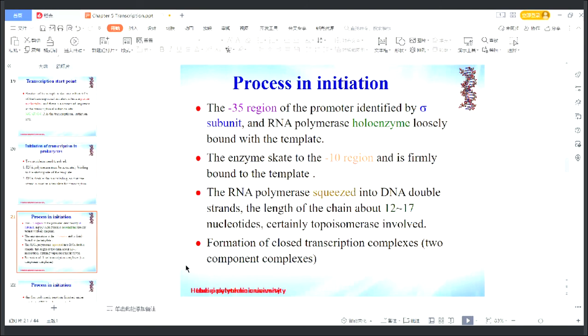At that time, you can see it forms the closed transcription complex. At that time, the RNA polymerase and the DNA template are bonded together and form the transcription complex.